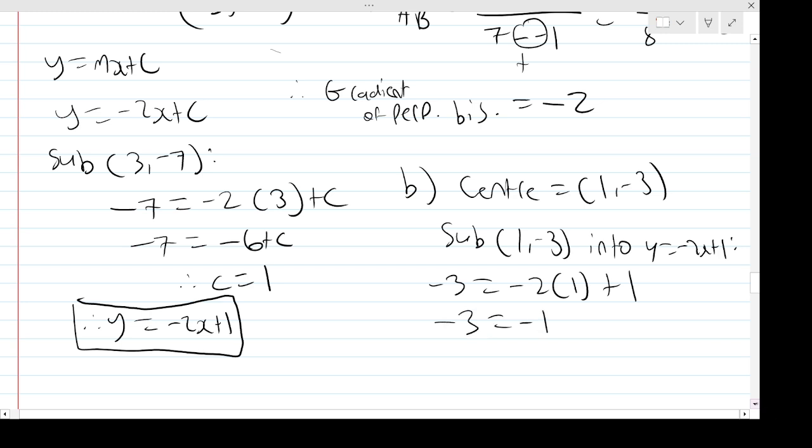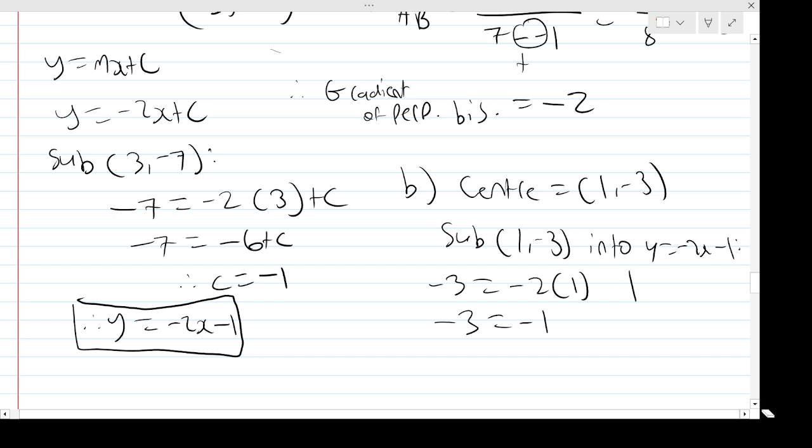Oh, have we gone wrong? Ah, here, c is -1. I don't know why I'm making silly mistakes here. So, sorry, my equation is -2x minus 1, because I add 6, but -7 add 6 is -1. So I corrected that, which means this will be -2x minus 1.